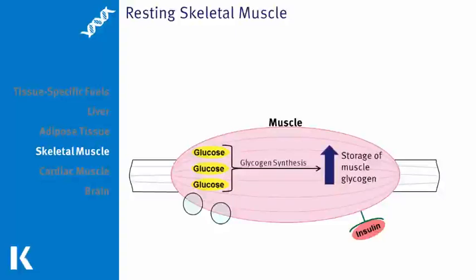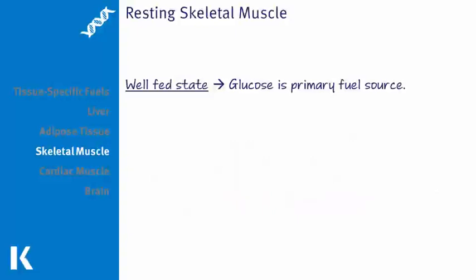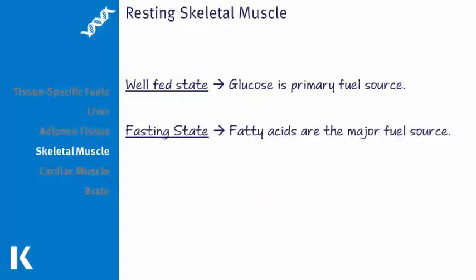These molecules can also be used to synthesize glycogen to replenish the molecules that were used previously for the muscle's energy requirements. In resting muscle tissue, glucose is the primary source of energy while in the well-fed metabolic state. During the fasting state, glycogen stores are depleted, so resting muscle uses fatty acids circulating in the bloodstream for its energy requirements.